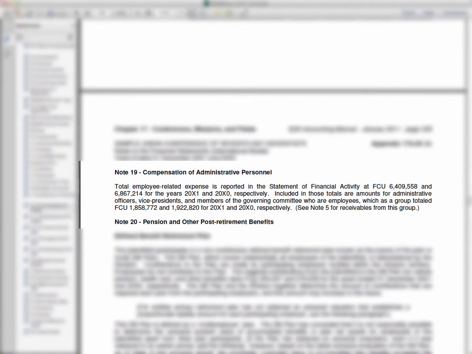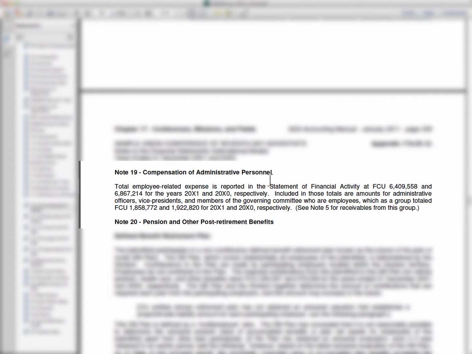And so an administrative employee is a related party, a loan to a higher organization or a lower organization, since they are related parties. And in that category of related parties is this rule here that says that the compensation of administrative personnel has to be disclosed.